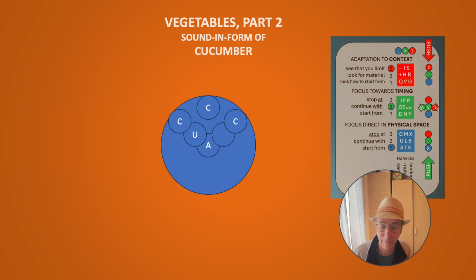That means that the form that I'm looking at will be defined by its borders. So it's C and U. C followed by U, so I start from the border, I start from the shell, let's say, and I go towards what is going on inside, what is forming itself inside.